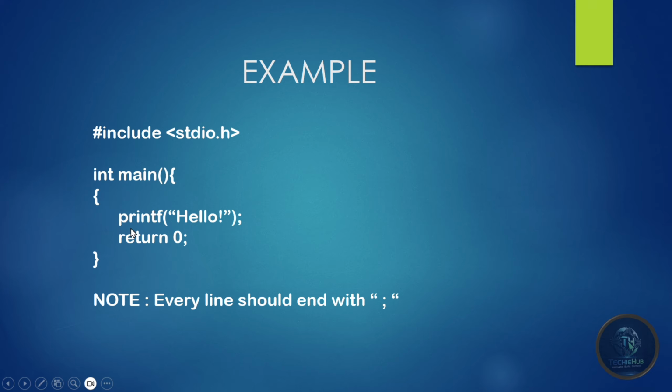To print a value or to print a statement, we use this printf section. The thing to be printed should be written within the double quotes, and each and every line should end with semicolon. Okay, and this return 0 is mandatory for every code and program.